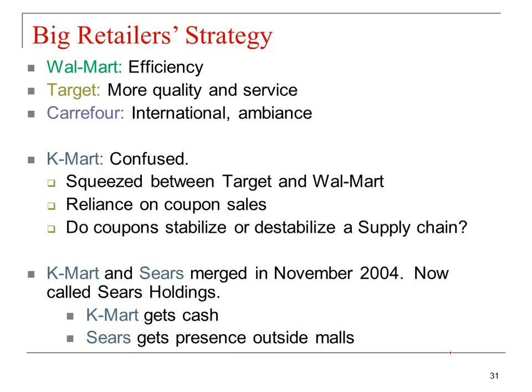I don't know if you know the story about Kmart, but at some point it was one of the largest competitors of Walmart. They lost some market and right now are squeezed between Target and Walmart. They rely on coupon sales, and this is a question for you: do you think coupons stabilize or destabilize the supply chain?